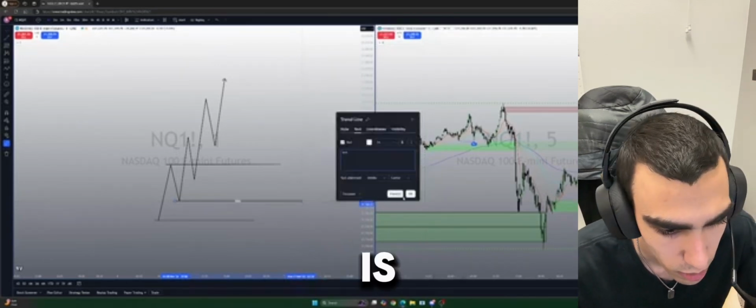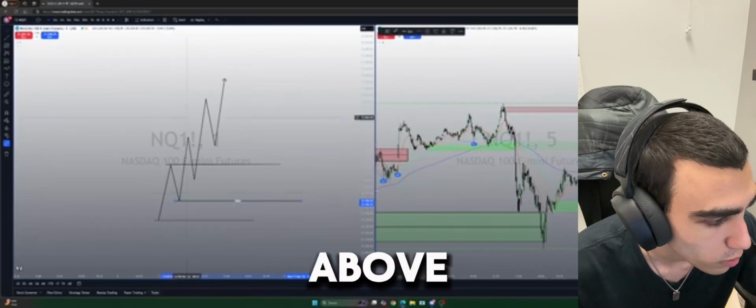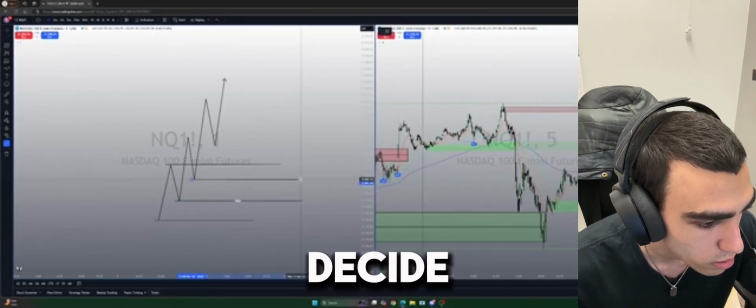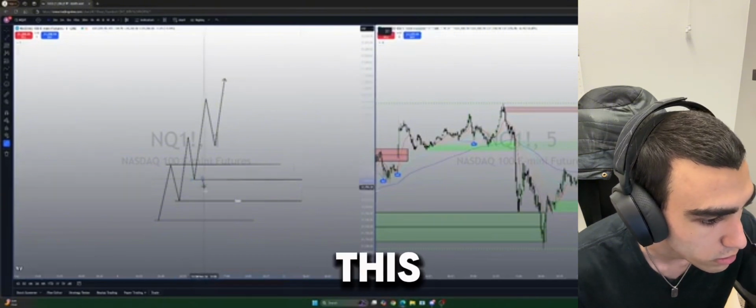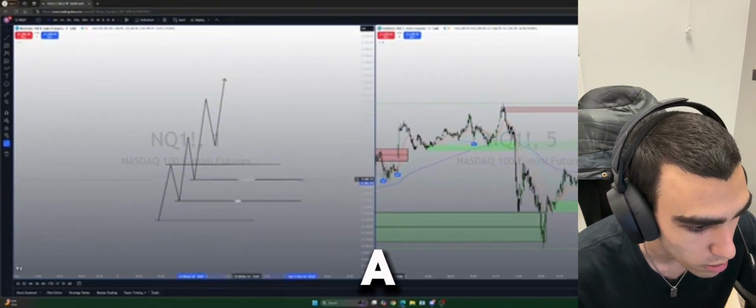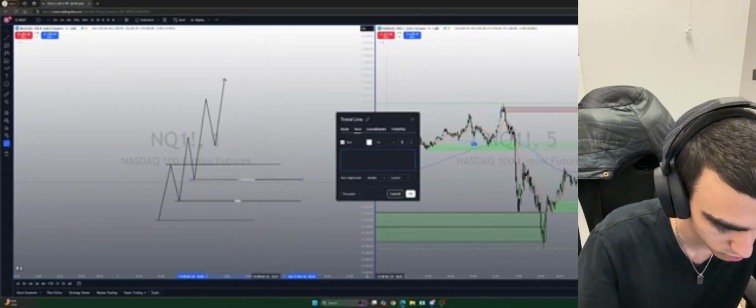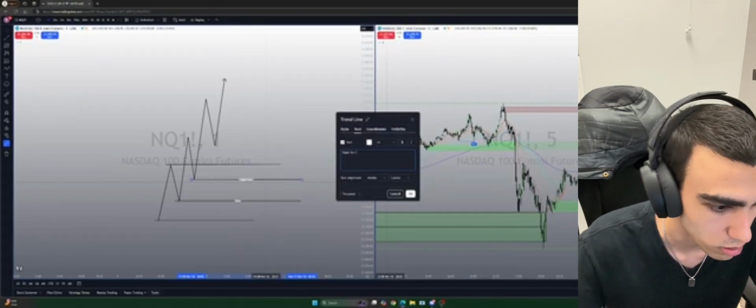We broke above once again and made new highs, and does price decide to move back down into this range? No. So this is now a higher low.